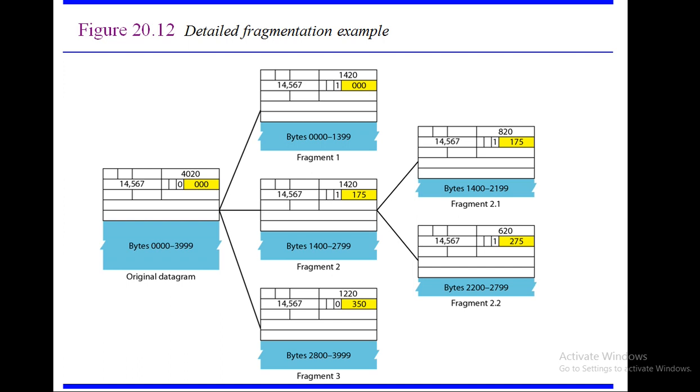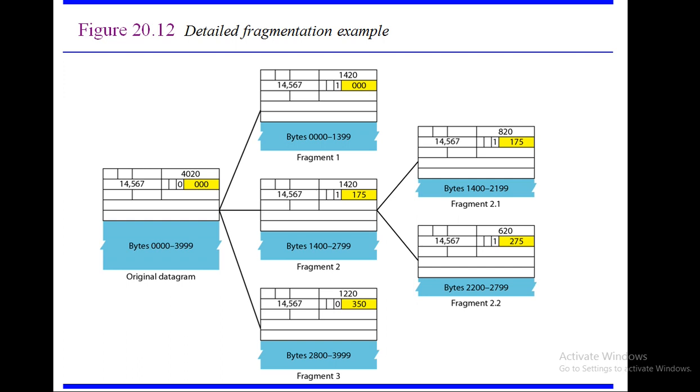So 350 is included. Now let us calculate the total size. Total size is 2800 to 3999. If we subtract and add 1, it is 1200, right? 1200 plus 20, that is 20 for the header, so total is 1220, which is included in fragment number 3.